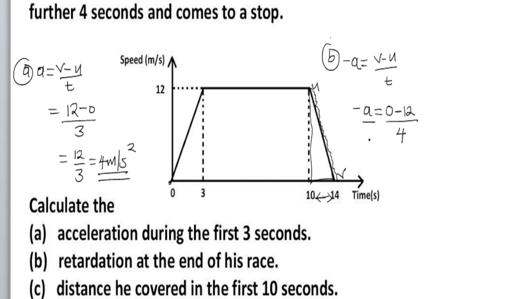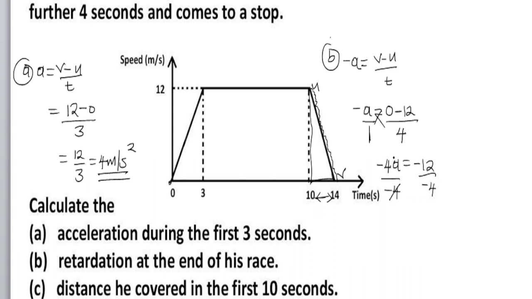Then I'll say over 1, cross multiply. Then what is negative 1 times 4? So this is negative 4a. Then 0 minus 12 times 1. This will be negative 12. Then divide by negative 4, divide by negative 4.